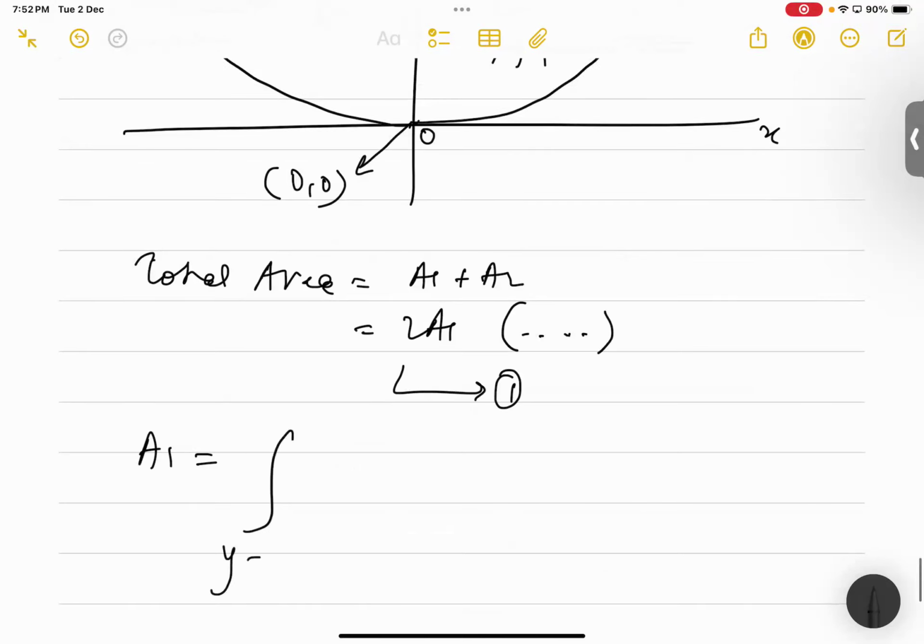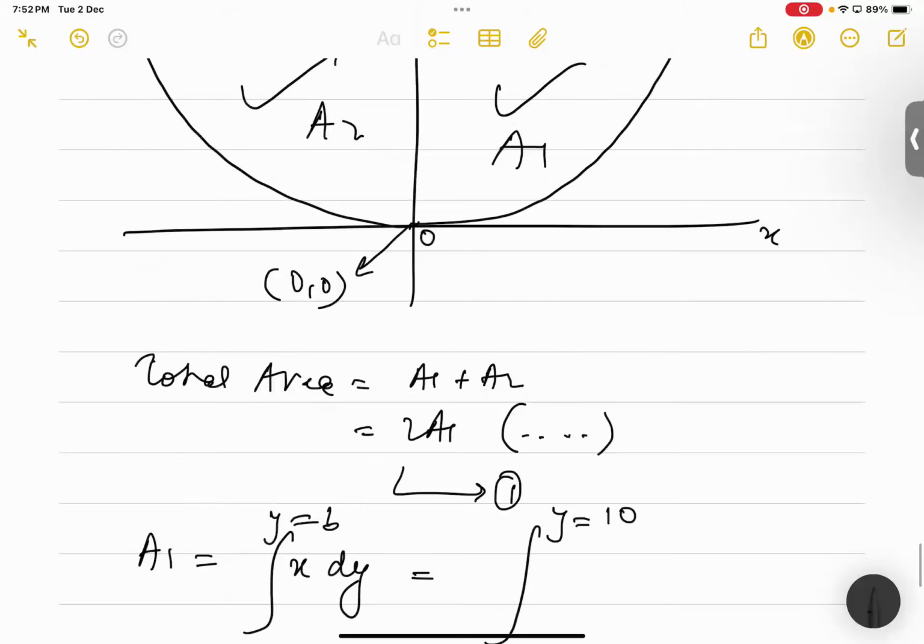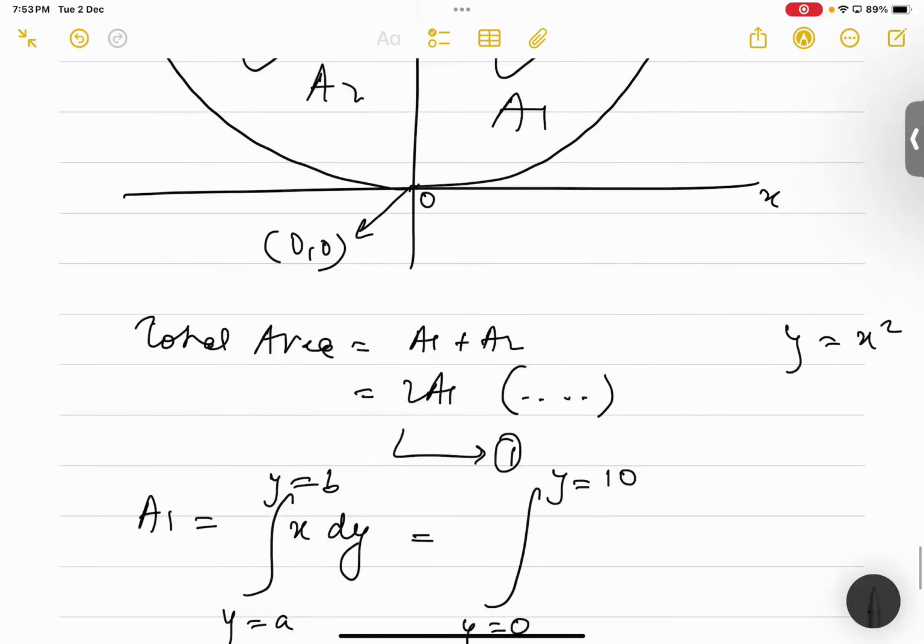So y is equal to A, y is equal to B, x dy. So y is equal to A. What is A? 0. To y is equal to B. What is B? 10. X. What is x? X and y we get from the curve. In this formula, x and y we get from the curve. What is the curve? Y is equal to x square. So what is x?